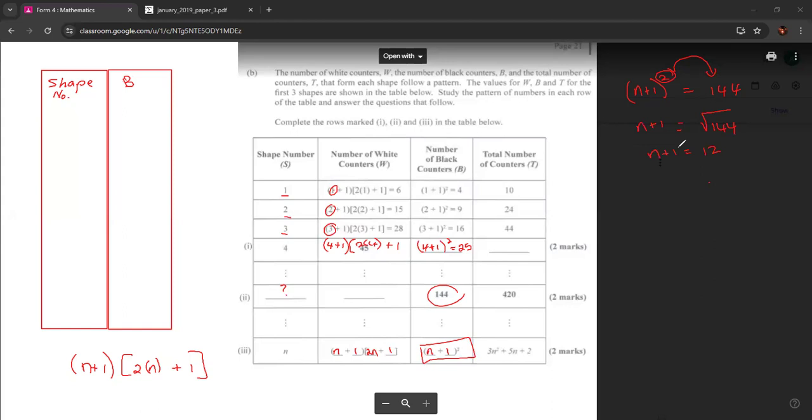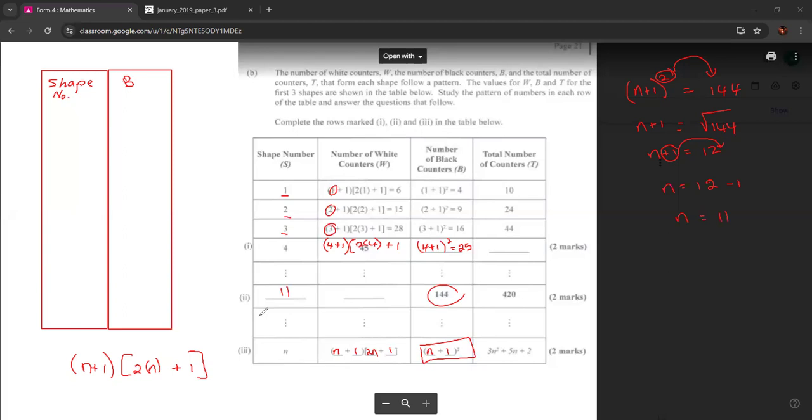That 1 was added, so when it goes across, it's going to be the opposite. So it's going to become minus. So n will be 12 minus 1. N is going to be 11. So that means the figure number or the shape number here is going to be 11.